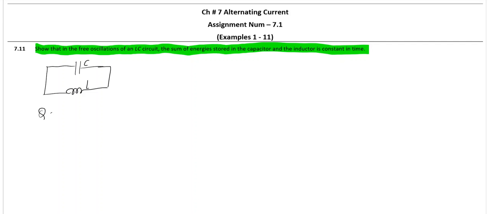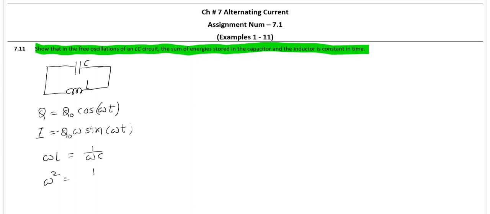The instantaneous value of charge can be given as Q = Q0 cos ωt, where ω is the frequency of oscillation and Q0 is the initial charge deposited on the capacitor, and I can be given as -Q0 ω sin ωt. Of course, here ωL = 1/ωC, so we can use the equation ω² = 1/LC. Let me call it equation 1.